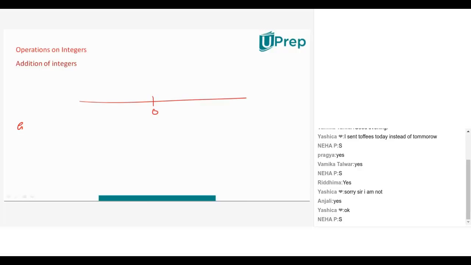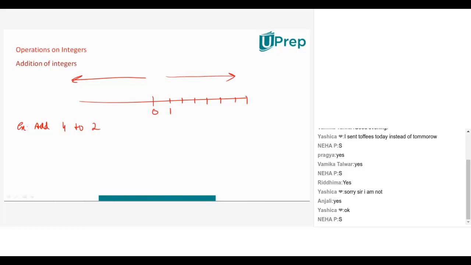If I have 0 in the middle, and I have to add any two integers, for example, add 4 to 2. If I am supposed to add, that means I'm increasing the value, and when I'm increasing the value, we move towards the right on the number line. Moving towards the left is decreasing the value.